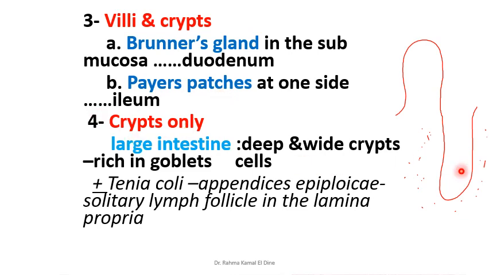If I have crypts only, and the crypts are wide and deep and full of goblet cells, we are talking about the large intestine. Plus minus, you can see taenia coli, appendices epiploicae, and solitary lymph follicles in the lamina propria. The most important issue: crypts wide and deep filled with goblet cells.